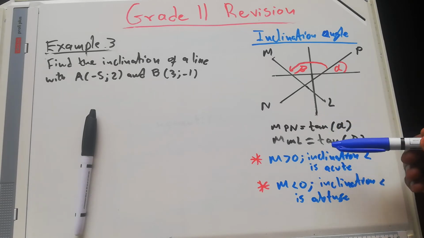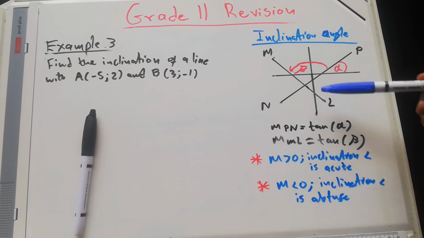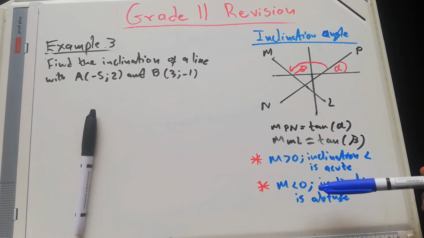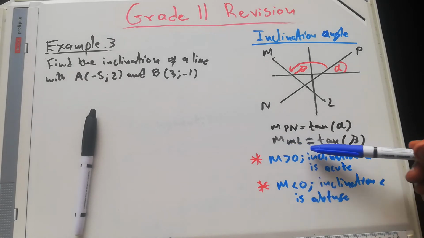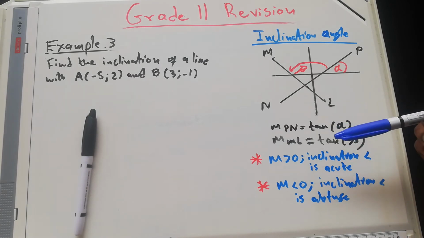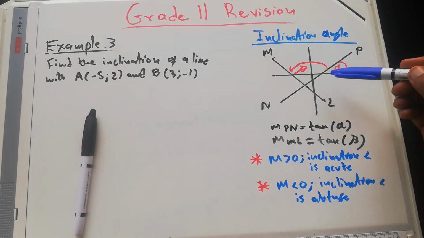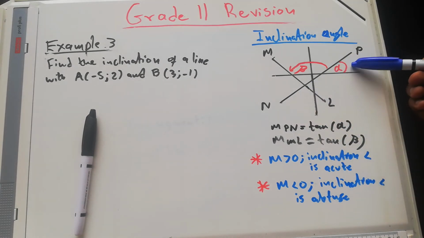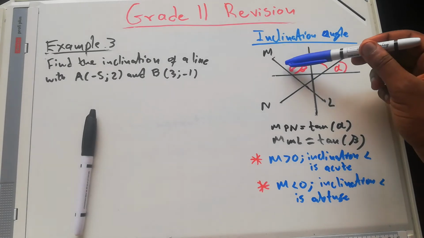But then it happens that the gradient of the line you are trying to find the inclination of is less than 0, meaning that it's negative. You still use the same formula, but at the end you'll get a negative answer. That negative answer simply illustrates that instead of calculating the angle that line makes with the positive x-axis, the answer you have is the angle that line makes with the negative x-axis.